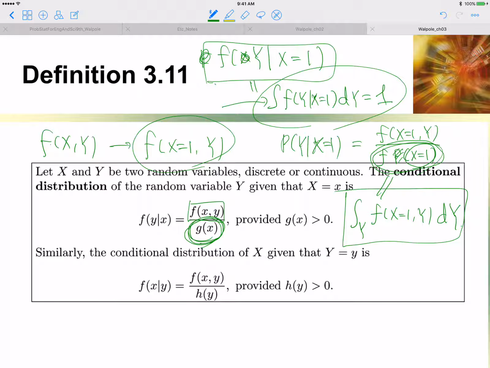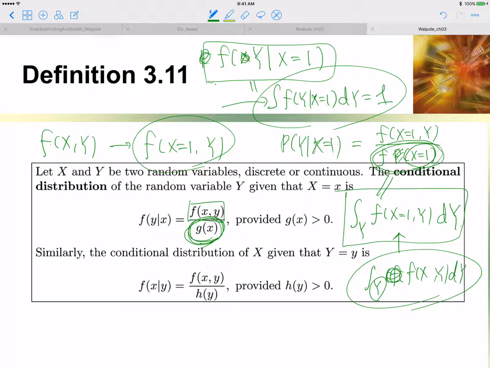So what is this value? Before considering this, let's consider this guy. Given the joint density f of x and y, we sum up all the possible y values. That means we are squeezing this mountain, right?